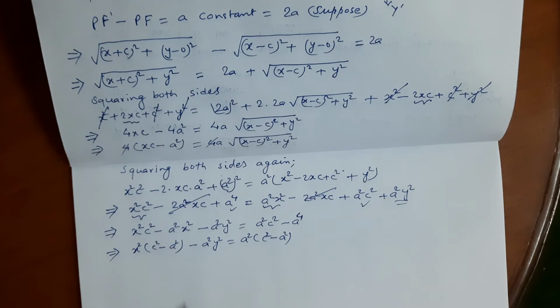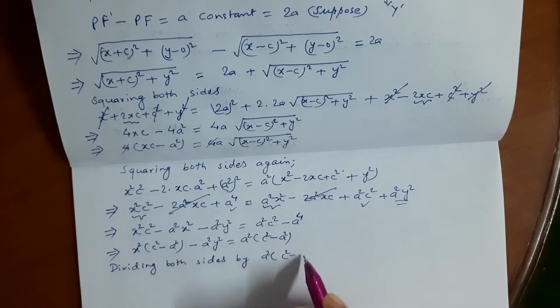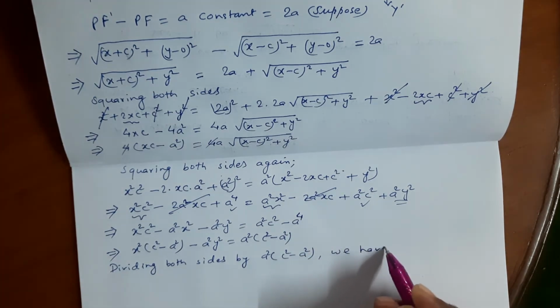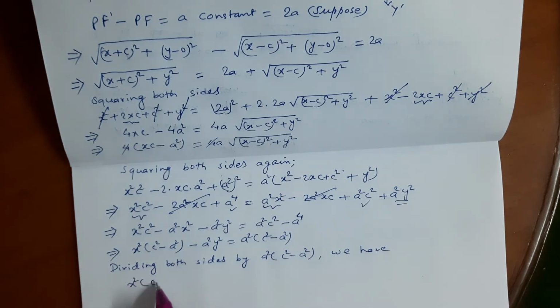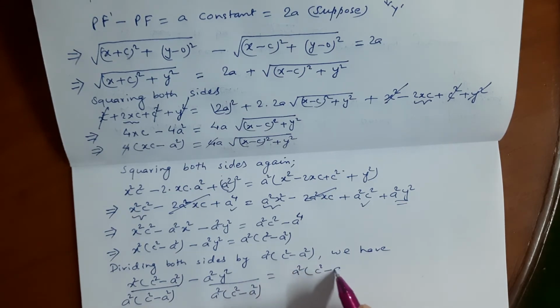now dividing both sides by a square times c square minus a square, we have x square c square minus a square minus a square y square over a square c square minus a square equals a square c square minus a square over a square c square minus a square.